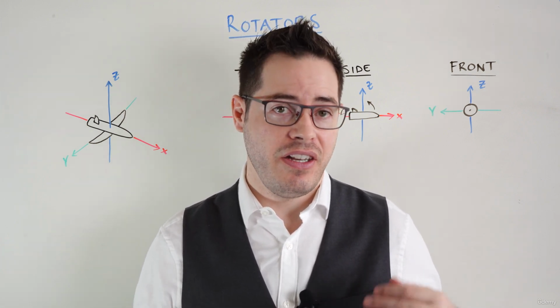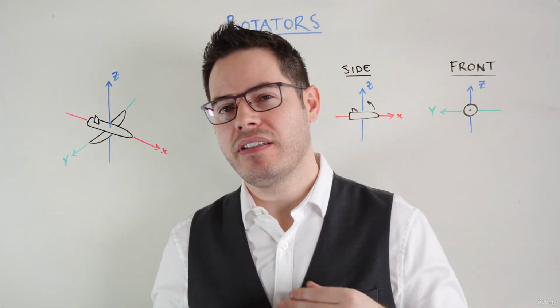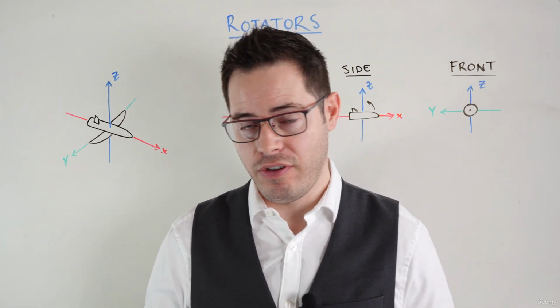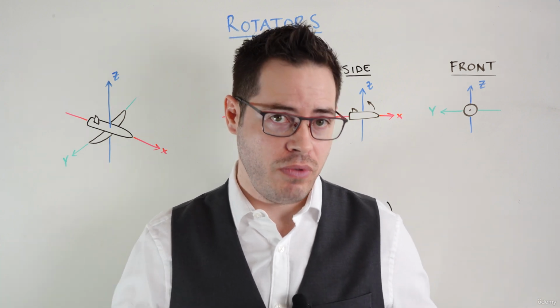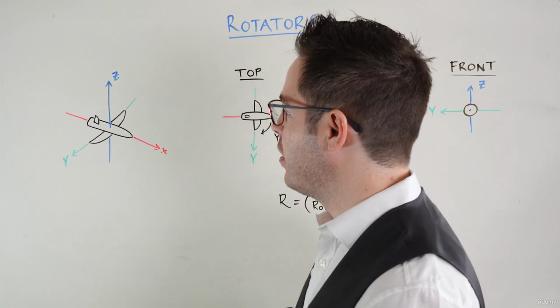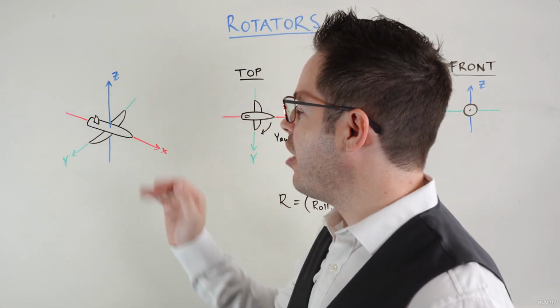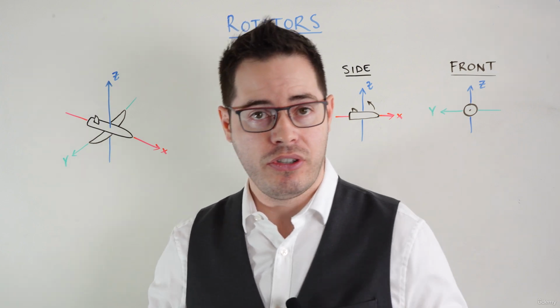Now, there exists another structure similar to the vector that is more designed to contain rotational information, and those we call rotators. To explain the rotator, let's first talk about an airplane. Now, I have an airplane drawn here, and the airplane has its own local directions.